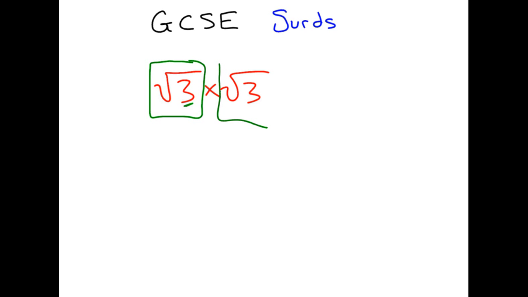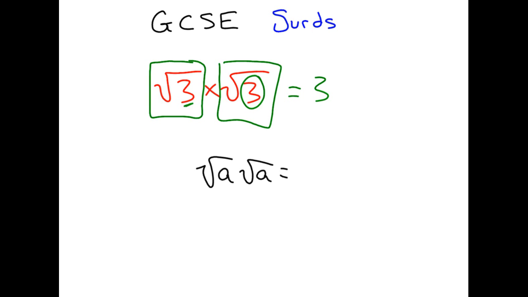So if you actually go ahead and times it by itself, you're going to get the number. As an algebraic rule for you, square root of a times the square root of a equals a.